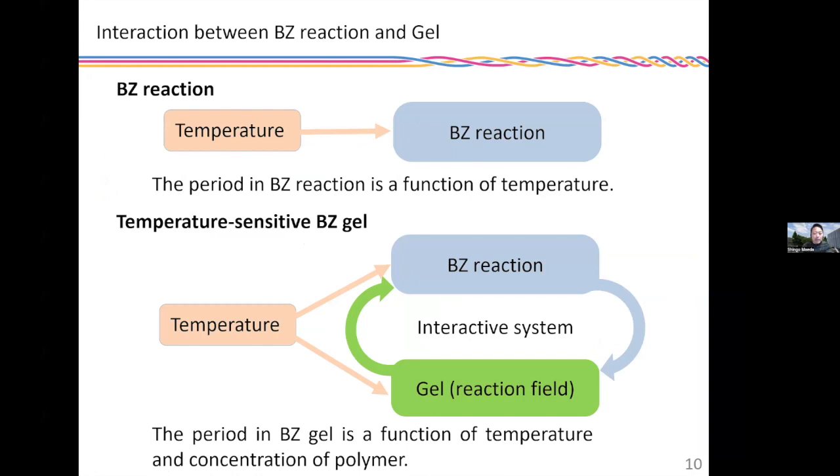So my idea is to use the interactive systems between BZ reactions and gels. Basically, in the solution systems of the BZ reactions, the temperature affects the BZ reactions. In temperature-sensitive BZ gel systems, temperature affects the BZ reactions, and it also affects the gel. So there is a complex system.